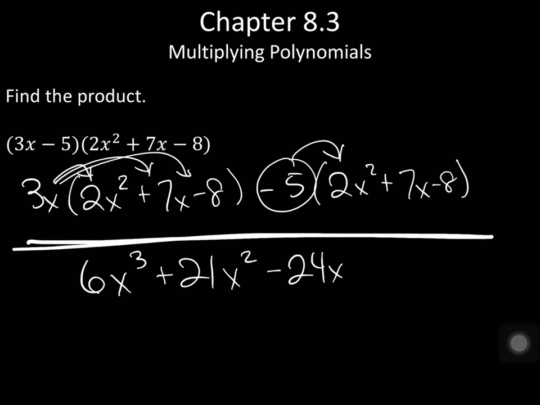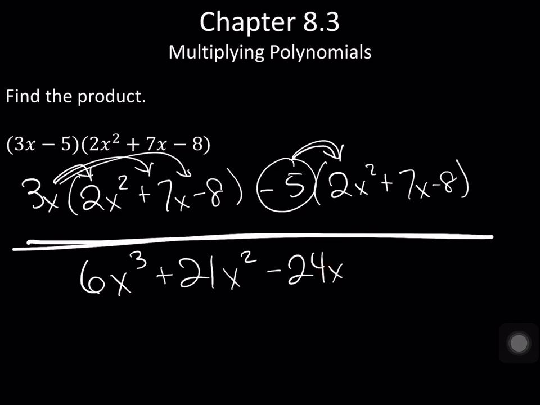Now here's what I noticed. I already have an x squared term in my product that I'm going to be adding together here in just a minute. So instead of writing it out here and then in my next step trying to find all those x squareds, I'm going to stack. I'm going to go ahead and group the terms together that need to be grouped together, so that in my next step I can just combine them.